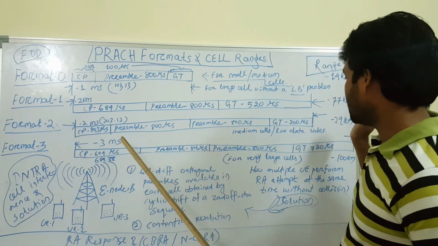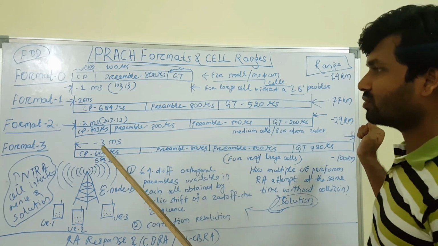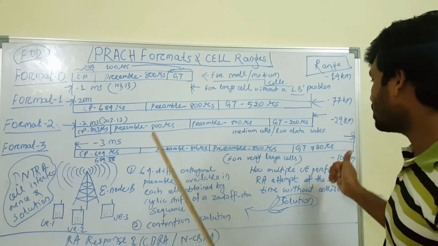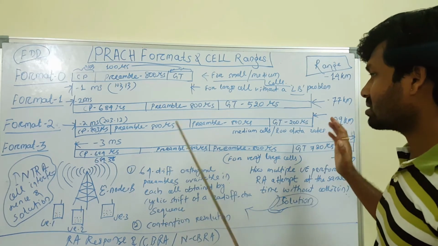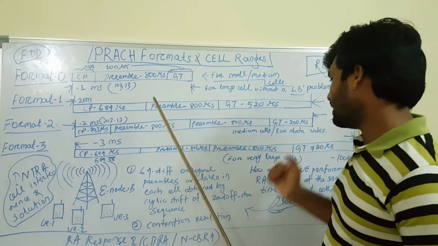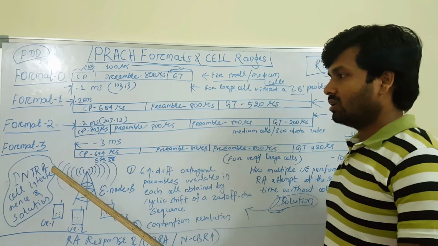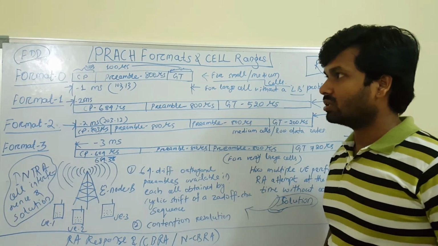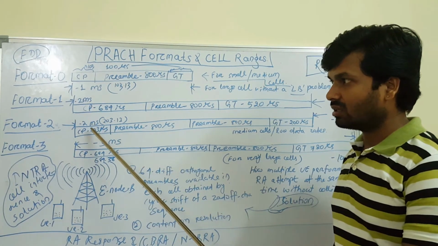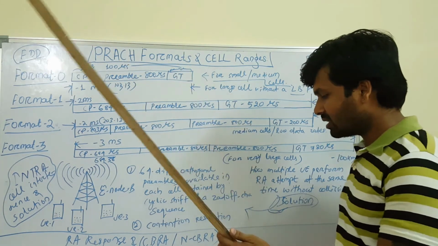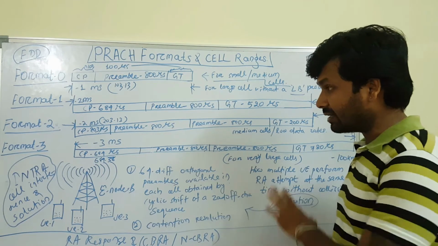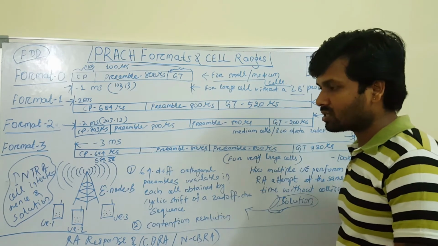And format 3, which is 3 milliseconds in total, has a range of 100 kilometers and is used for very large cells. So that's all about the formats, their cyclic prefix length, preamble length, guard time length, and the uses and range of PRACH formats.